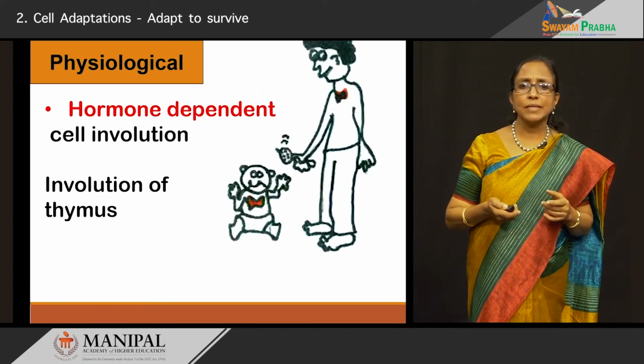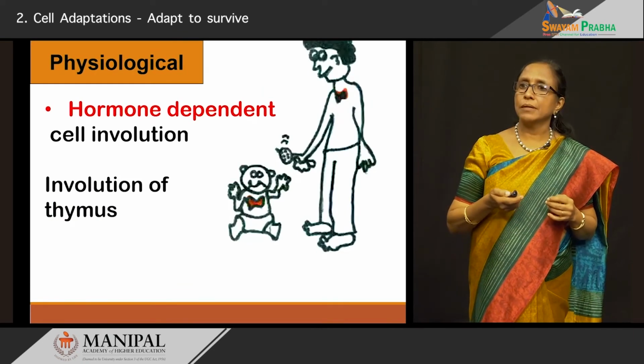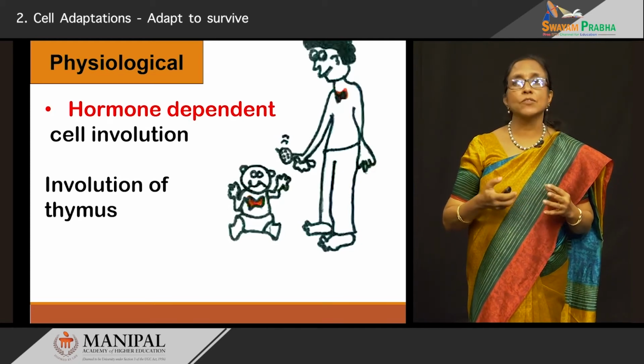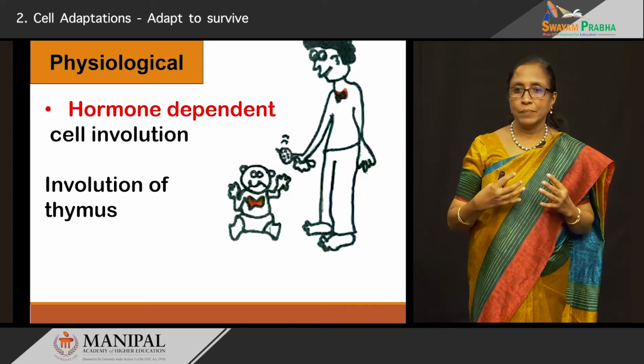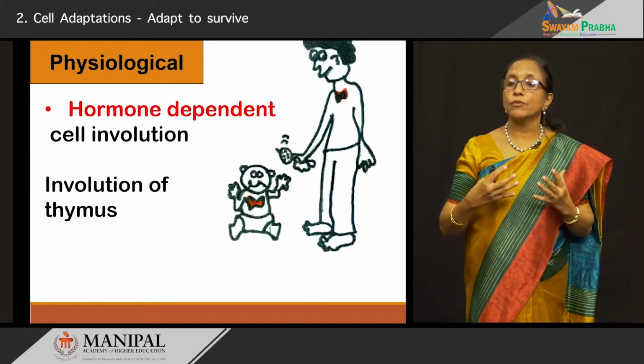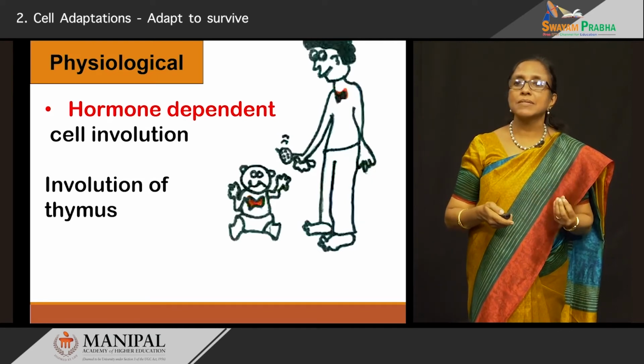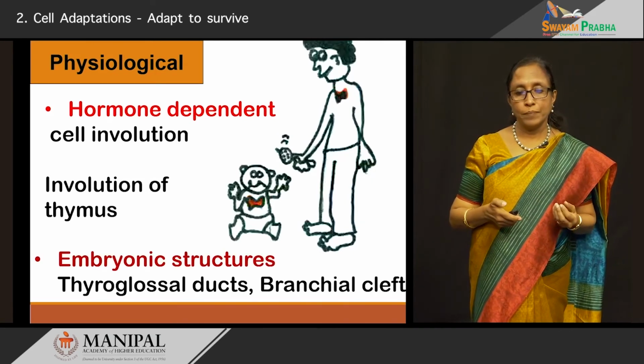Now to look at conditions. Physiological conditions we see in various hormone dependent conditions, like for example the thymus. The thymus is huge or big in the baby, because it is required there for various immune functions. But when the child grows, the thymus involutes, it becomes small.